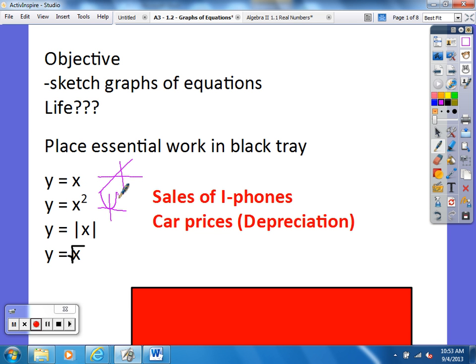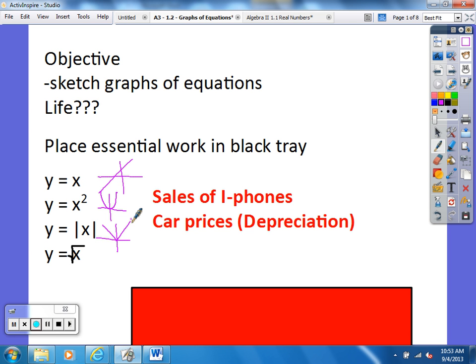You said, oh no, we're not doing absolute values again. But yes, we are. And I don't want you to be afraid of them. But do you remember what they look like? What letter of the alphabet, maybe? Yeah. What did you say the slope was for this one? Yeah. 1. 1x.